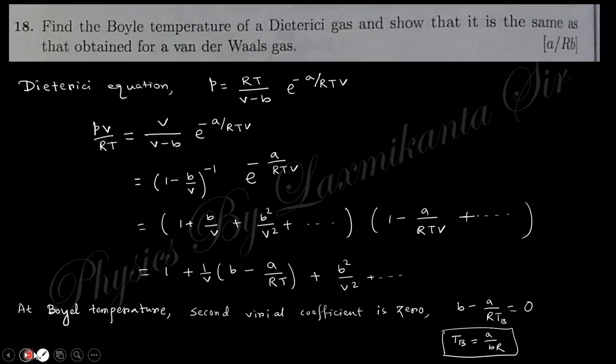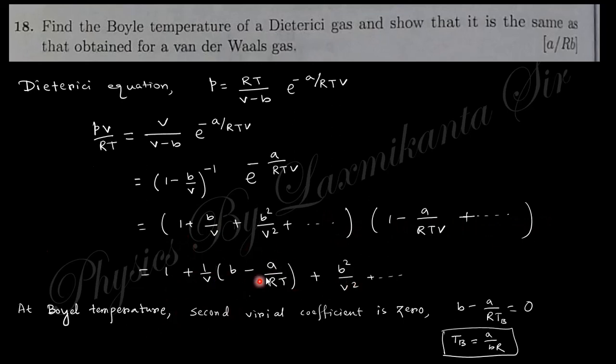Next one. Find the Boyle temperature of Dieterici gas. This is the same as obtained in van der Waals gas. So this is the equation, and you know at Boyle temperature the second virial coefficient must be 0. So if you write this down, multiply with V and divide by RT, you will get this equation, and divided by V here you get 1 minus B by V whole inverse, which can be expanded by binomial expansion, the exponential can be expanded, and just multiplying, you will get this equation.